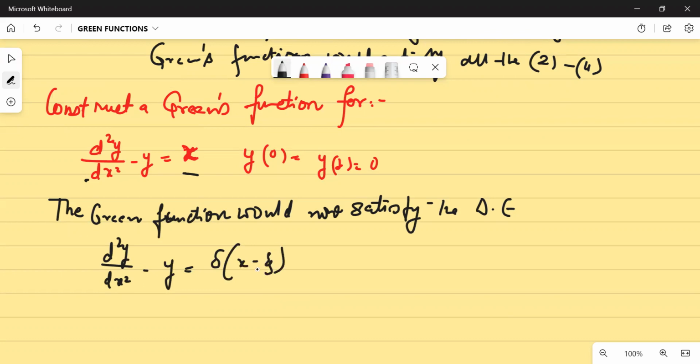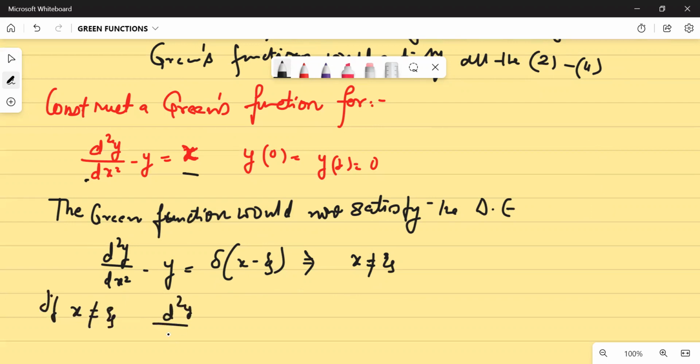Is that clear? And we know that whenever you have this Dirac delta function, you can write solutions only if x is not equal to zeta, because if x is equal to zeta, then things will be difficult for you. Is that clear? At x equal to zeta, there is an infinite kind of jump. So you cannot write. So if x is not equal to zeta, then what will be the solution?